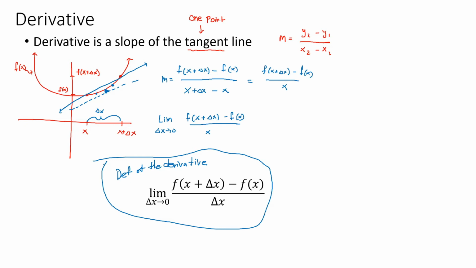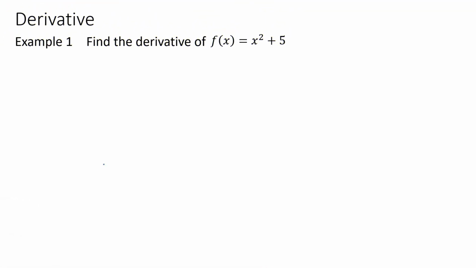So let's look at an example to calculate the derivative. Example 1: find the derivative of f of x equals x squared plus 5. So we know that derivative was limit of delta x approaches 0 for f of x plus delta x minus f of x over delta x. So the first thing we should do is calculate f of x plus delta x.